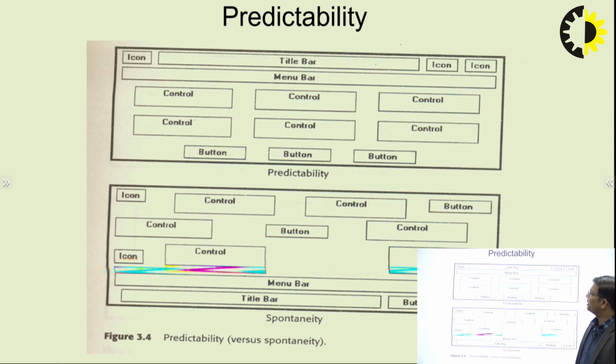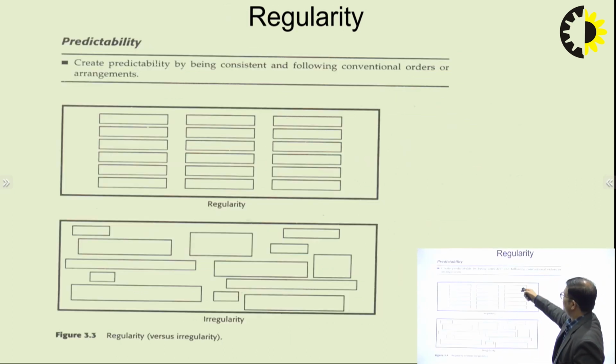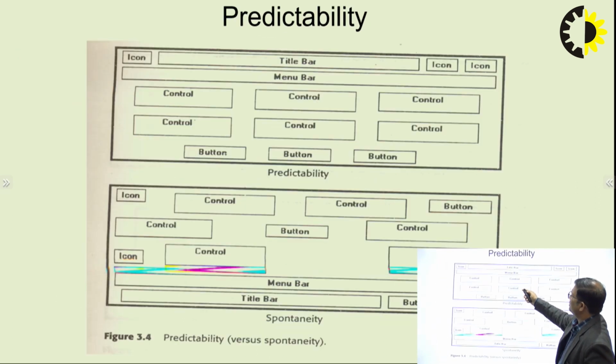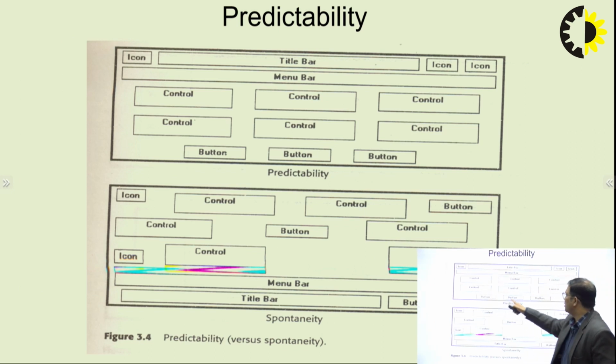The next one is predictability. What does predictability mean? If a common area is used for a common purpose, for example, this is the title bar, this is the menu bar, these are some controls, these are the buttons.